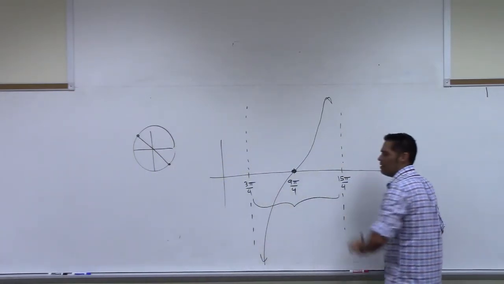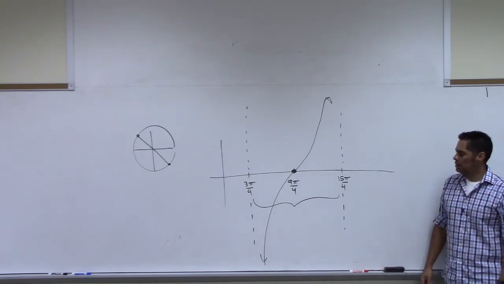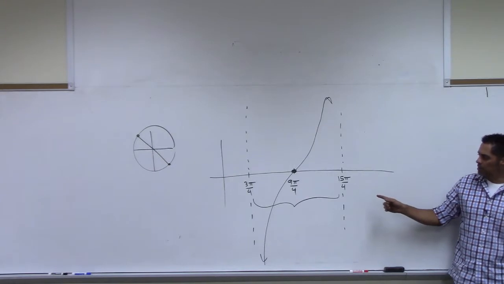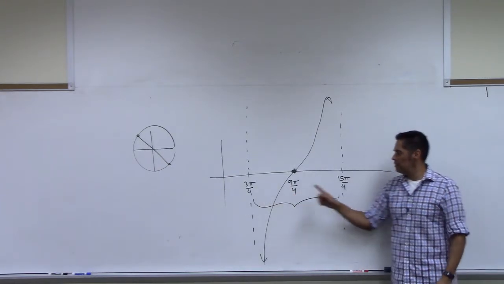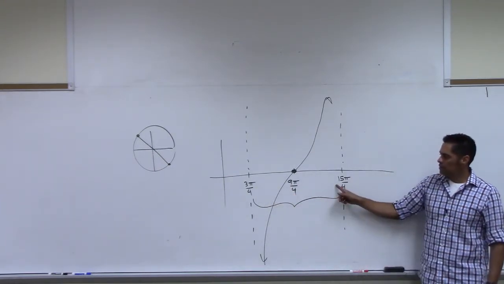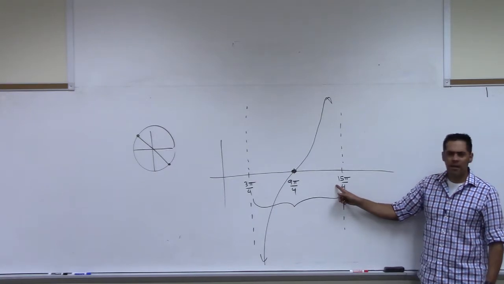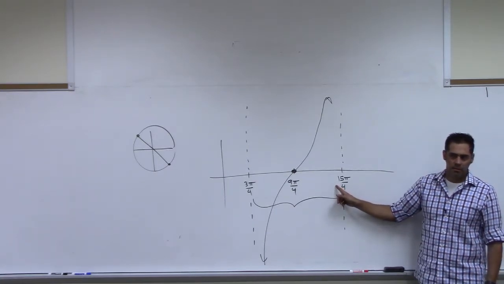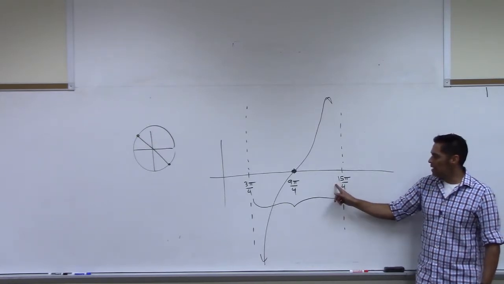Looks like those two. 3 pi over 4 and 15 pi over 4. What is the distance between these two? Pi. How are you getting that? Well, actually, it's not pi. It's 2 pi. 3 pi. What's the distance between these two? And then around one, that's another one. So how do I find the distance between 2 points? Subtract them, right? So in other words, take that and subtract that.